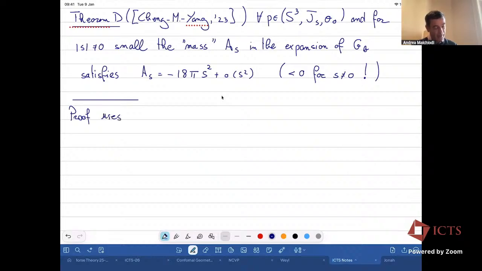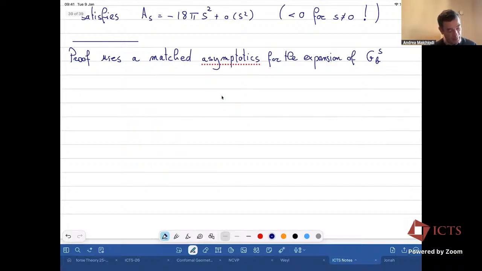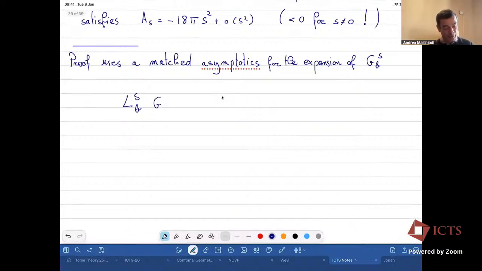It uses some matched asymptotics for the expansion of G P S. So we need to study the conformal sublaplacian on the Rossi sphere applied to the Green's function, and we want to solve with the right-hand side the Dirac delta.